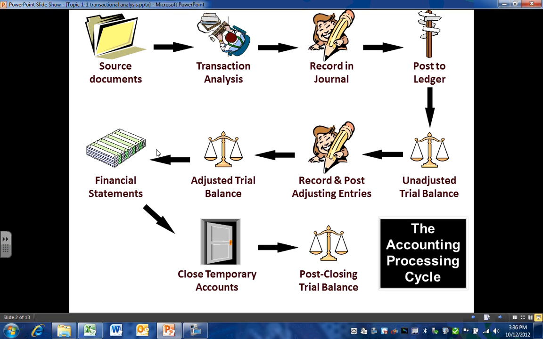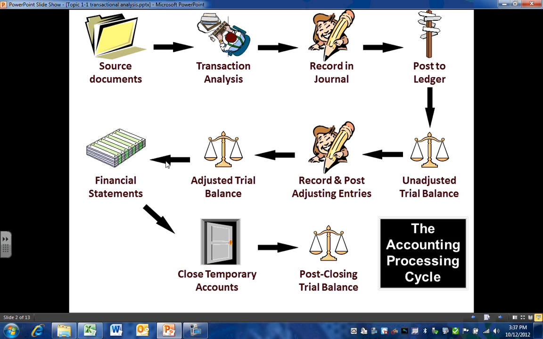That adjusted trial balance is used for the financial statements, or statement of financial position, or balance sheet, or statement of operations, or income statement, statement of cash flows, and statement of changes in owner's equity.